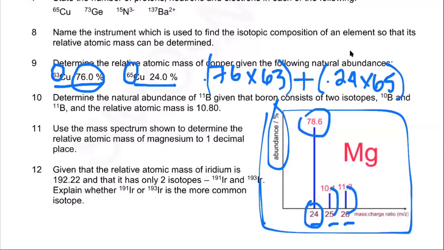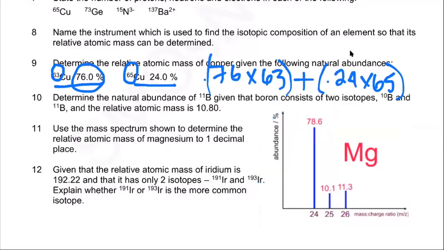Now, if they give you a graph like this one down here, this is what I was talking about when you got on the call. It's the same information, it's just presented slightly differently. Down here on the x-axis are your masses. So this isotope has a mass of 24, and then the percent abundance is on the y-axis. So this 78.6 is the percent abundance.